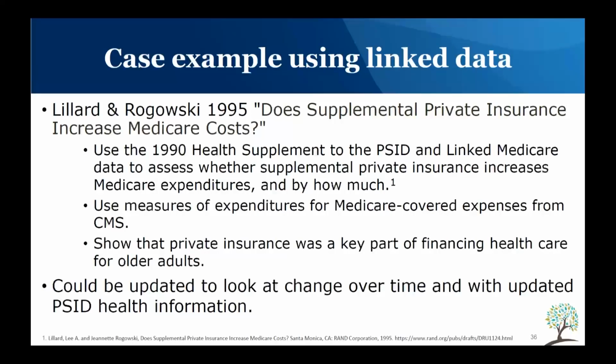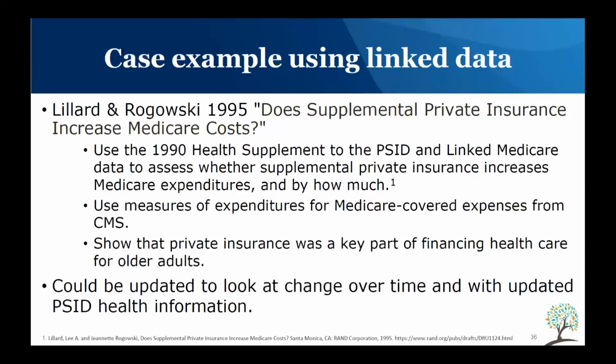So back in the 90s, Lillard and Rogowski had a study on supplemental private insurance and the relationship between Medicare costs, specifically whether having this supplemental insurance increases Medicare costs. And back then they used the 1990 health supplement to the PSID and linked to Medicare data to assess whether supplemental private insurance increases Medicare expenditures and the magnitude by which it does.